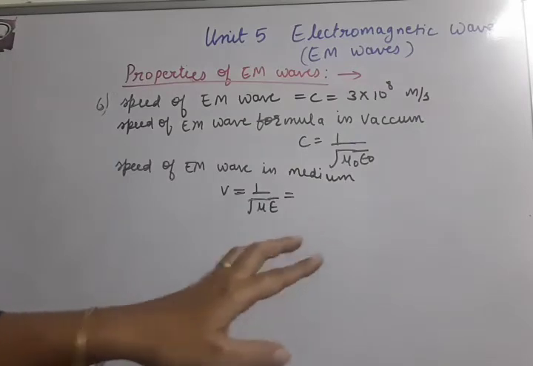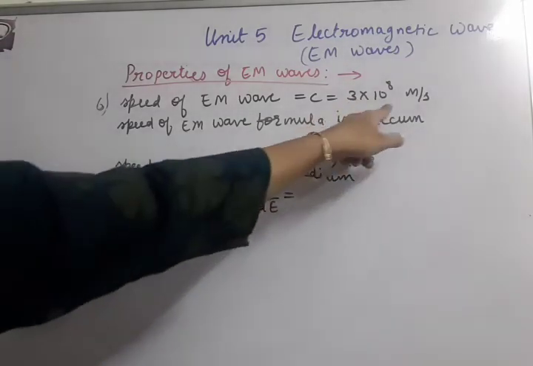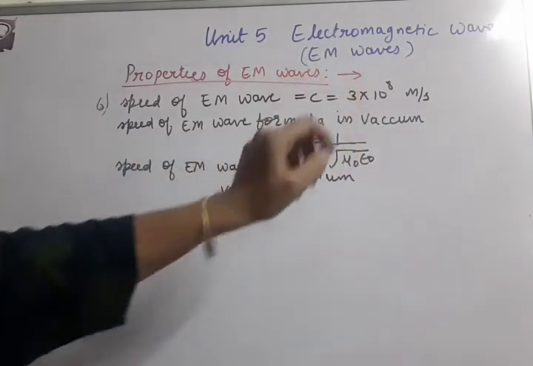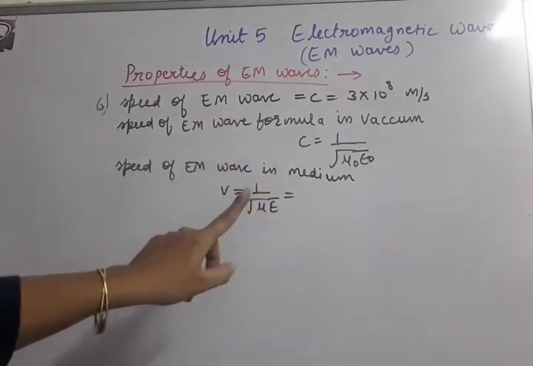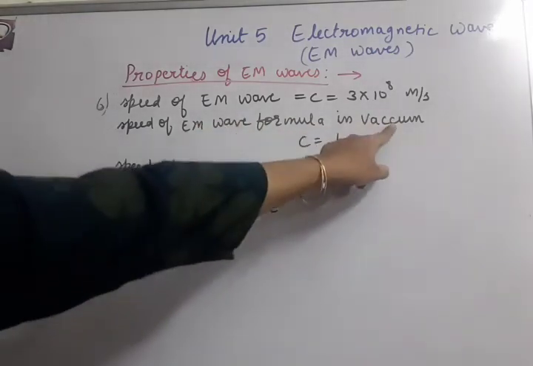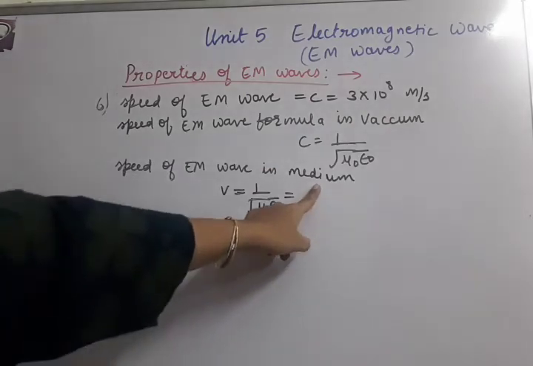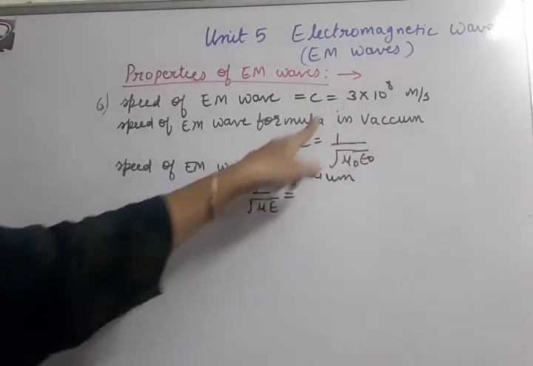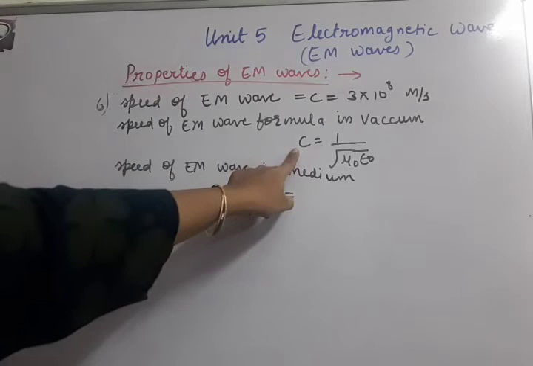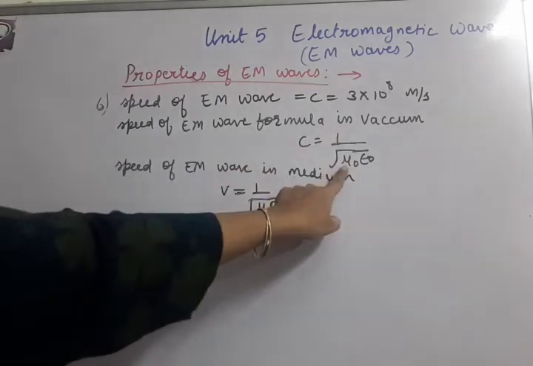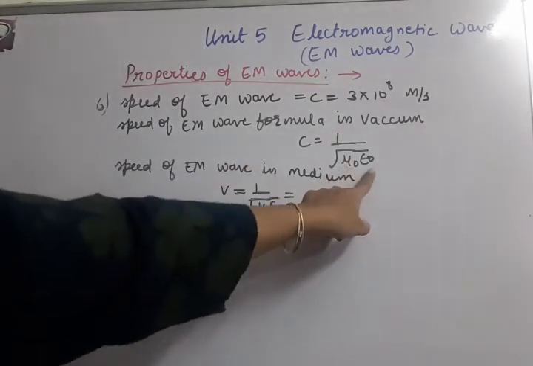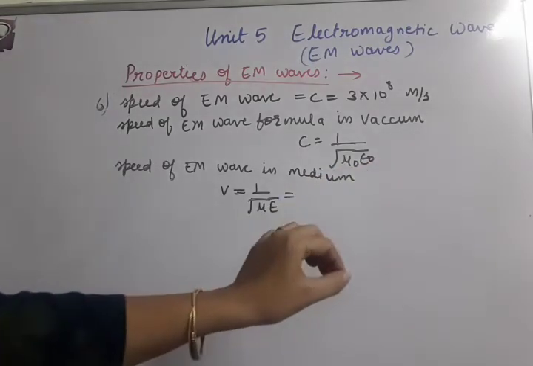But we need to know from where this value has come. So actually we have to understand the formula of the speed of EM wave in vacuum and in medium. In vacuum, the speed of light formula is C equal to 1 upon root of mu 0 epsilon 0, because electric and magnetic fields are involved.